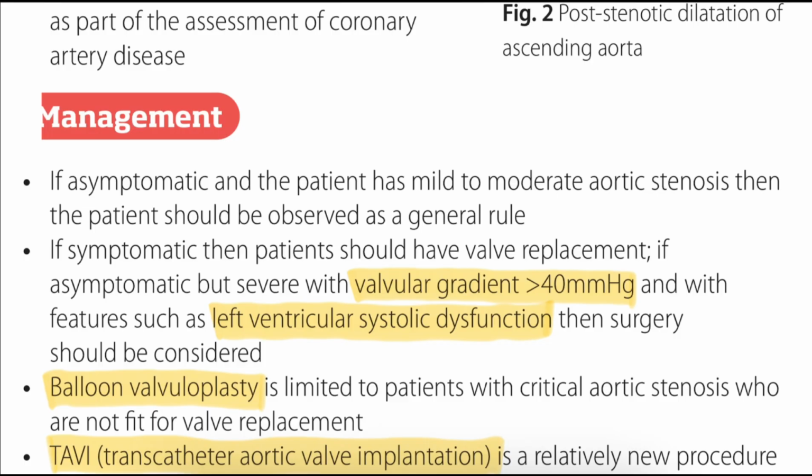Echo is the investigation of choice for all valve diseases. Severe symptomatic valve diseases usually require valve intervention. So valvular heart disease is not just memorizing murmurs; understanding the valve involved, timing of the murmur, pressure and volume overload, and complications helps us approach every patient clinically.